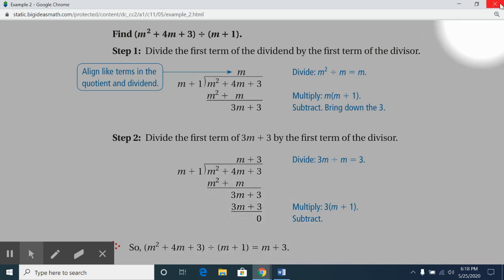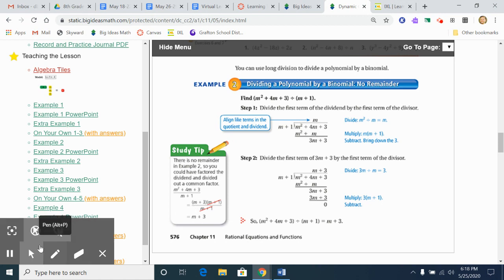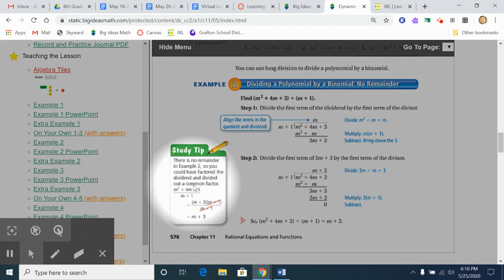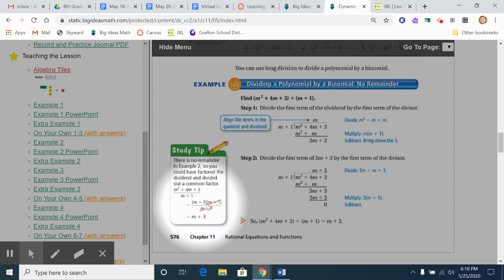Let me show you something real quick. There's a study tip here that I really like. It says there is no remainder in example 2, so you could have factored the dividend and divided out the common factor. What they're saying is, what if we just factored m squared plus 4m plus 3? With our x factor, we would have ended up splitting it into m plus 3 and m plus 1.